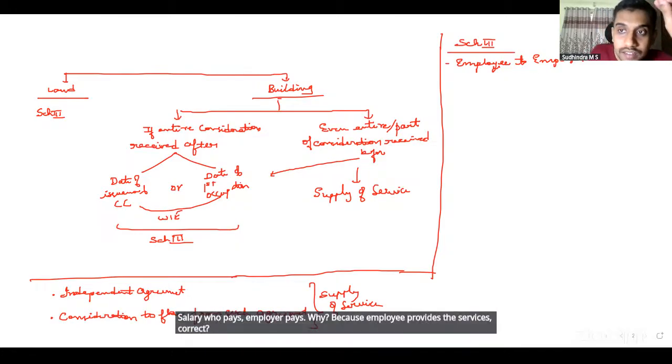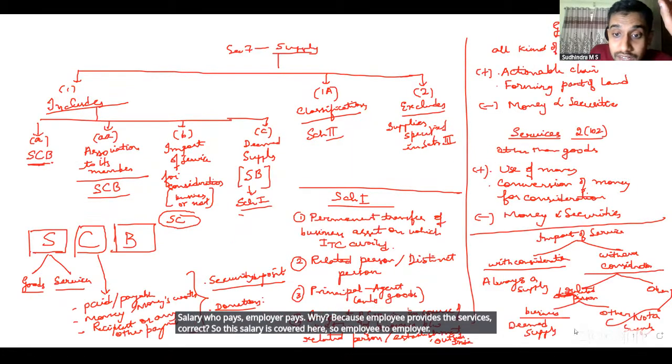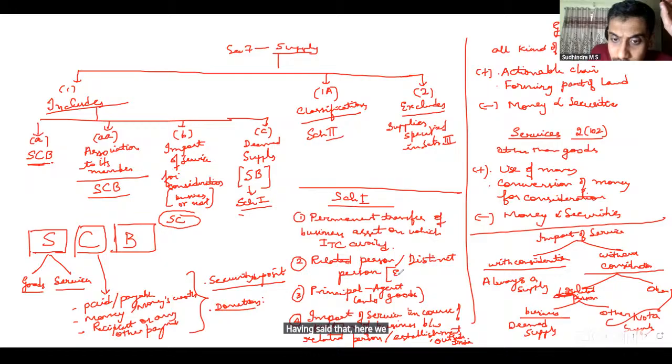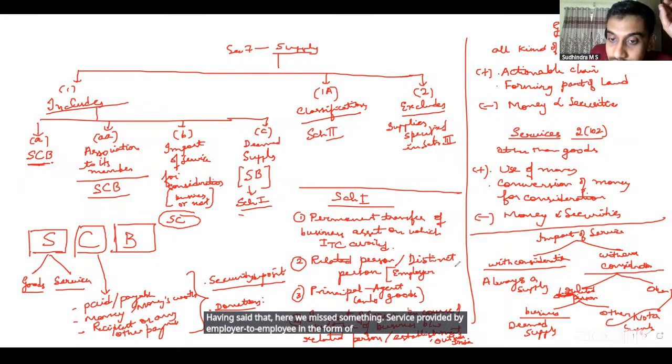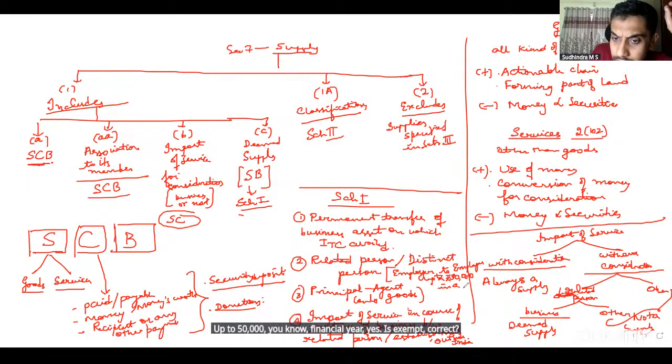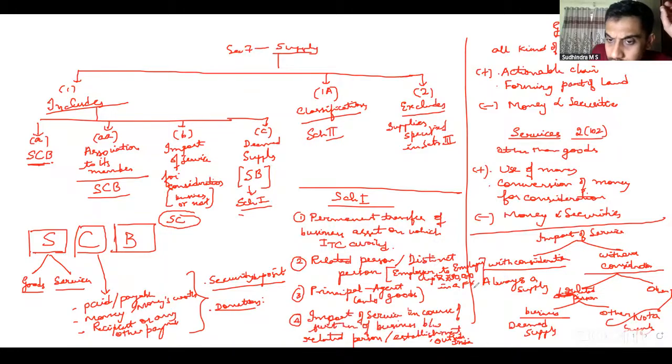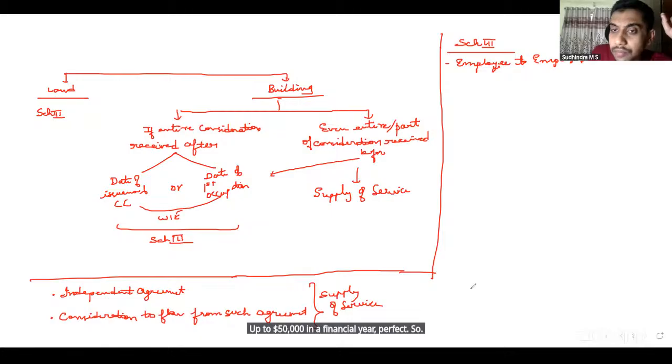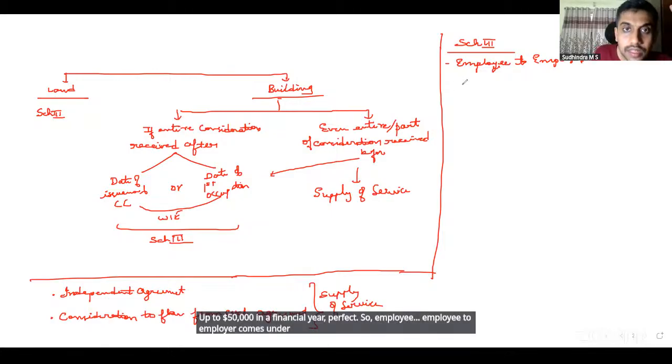So salary is covered here. Having said that, here we missed something: service provided by employer to employee in the form of a gift up to 50,000 in a financial year is exempt. So employee to employer comes under Schedule 3.